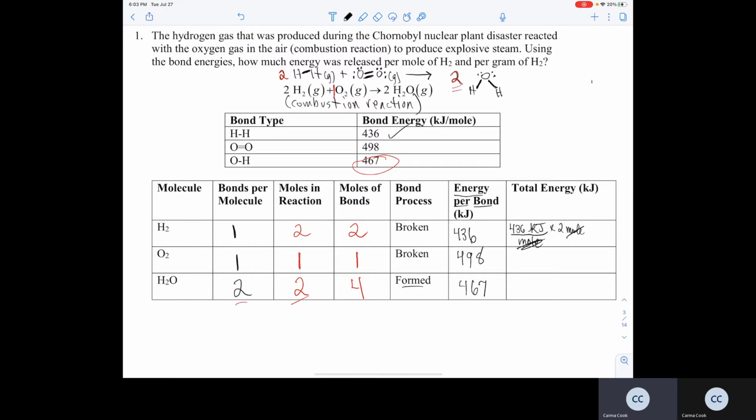The moles cancel out. So 436 times 2 is 872 kilojoules.